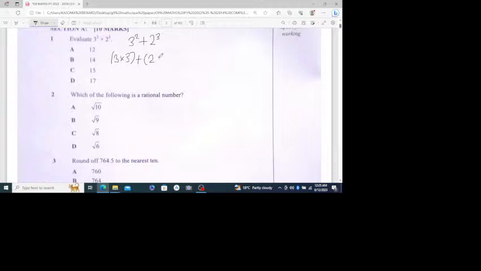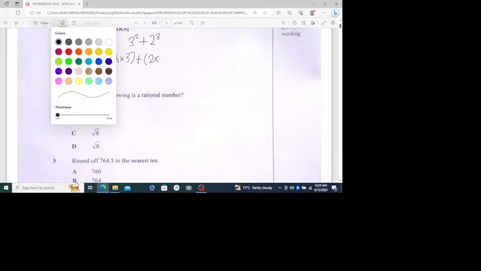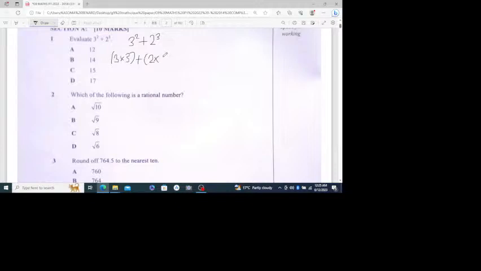Since 2 is raised to the power of 3, I multiply 2 three times.